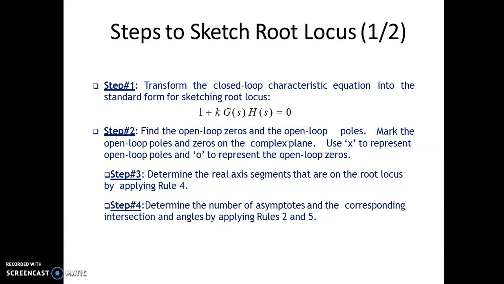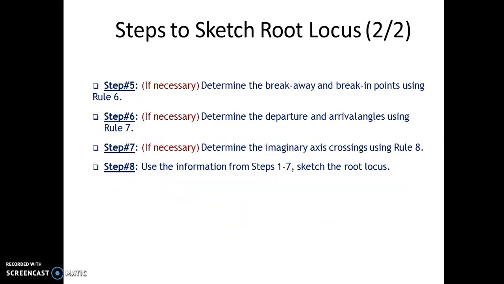Real axis segments: by using test points we can find whether a segment is on the root locus or not. Next, we find the number of asymptotes, the asymptotic angles, and the asymptotes' meeting point, that is the centroid, by using those formulas. Then the angle of departure and angle of arrival, depending upon the transfer function; if necessary you find them, otherwise no need.